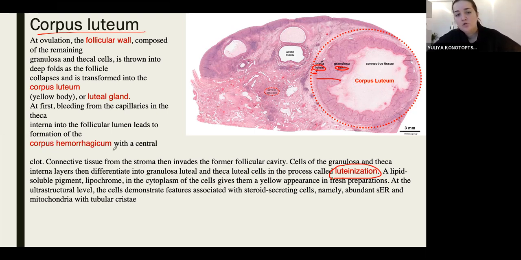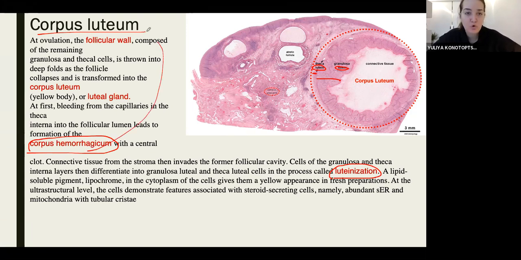There is something called corpus hemorrhagicum, and we rarely see it. Basically, there are lots of blood vessels here. So when the Graafian follicle ruptures, sometimes you see that blood starts to clot in this area. So technically, right after the Graafian follicle, the next body that you have is corpus hemorrhagicum.